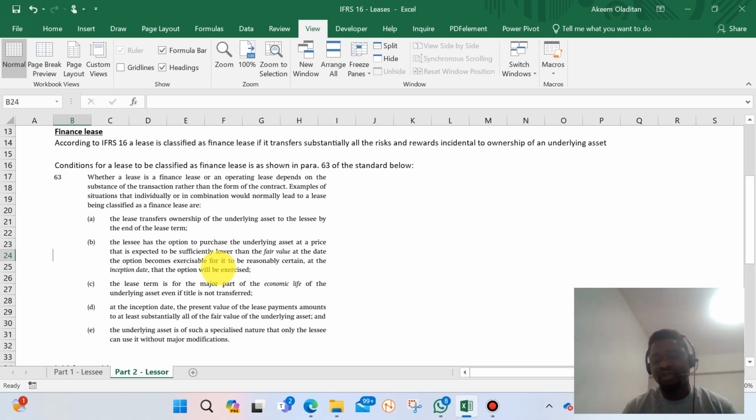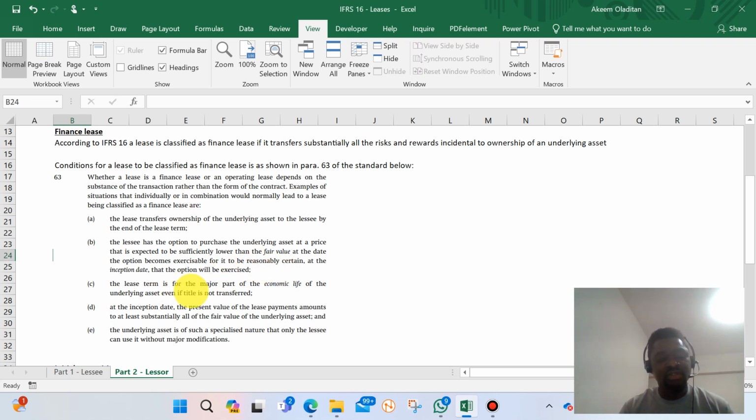Let's say $500. You understand? It means that the exercise price of the option is lower than the fair value at the date the option becomes exercisable, and it is reasonably certain from the inception of the arrangement that the option will be exercised. That is, it is certain that the lessee will exercise that option of buying it at $500, which is even lower than the fair value at the end of the lease. So in that case, we see it as a finance lease.